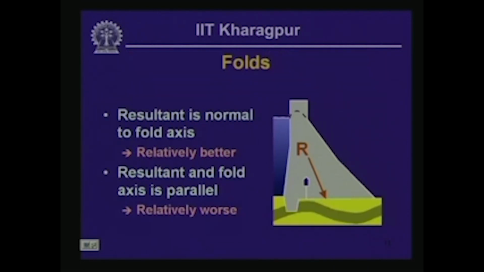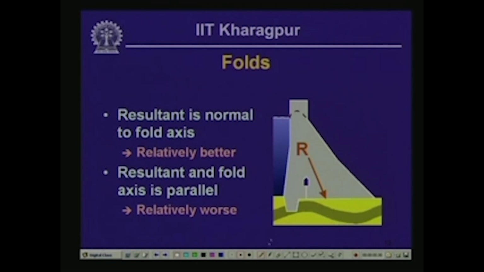All right. The second aspect with respect to heterogeneity of the rock is whether there are faults or structure within the bedrock underlying the dam. What we want to have is that the resultant is normal to the axis of the fold. If you recall our earlier discussion, the axis of the fold in this case is like that.